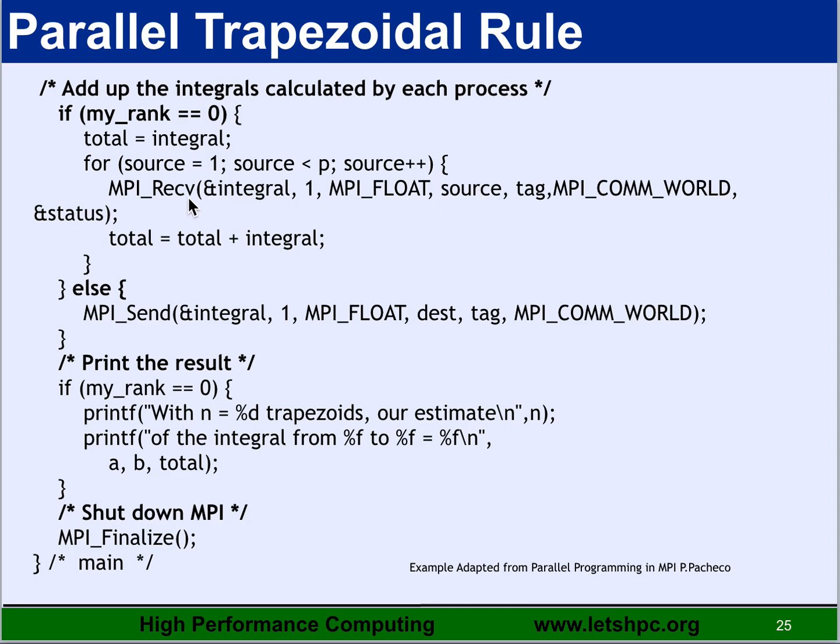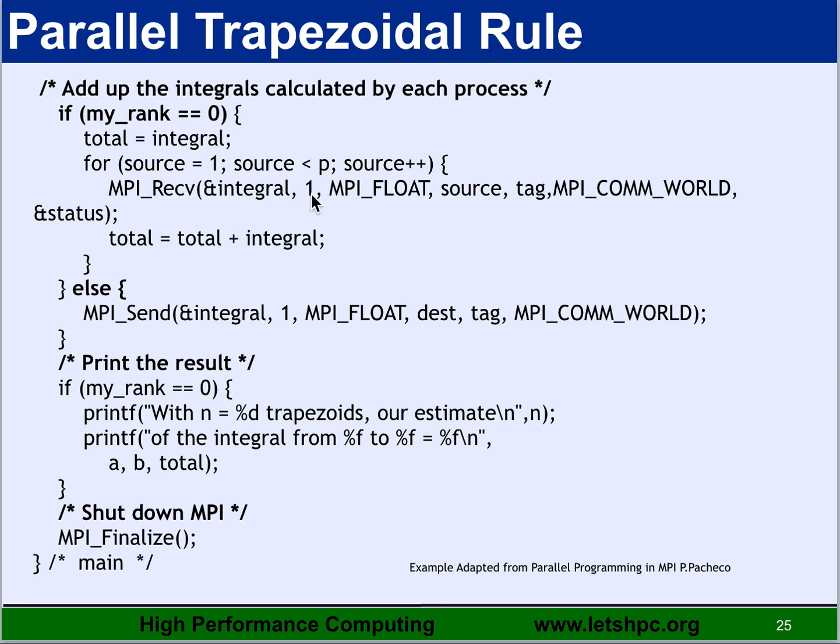So this is the destination. MPI is receiving from all other processes, and the ranks of those processes are provided through this source variable. You can see the first argument is the integral which has been calculated by each process.